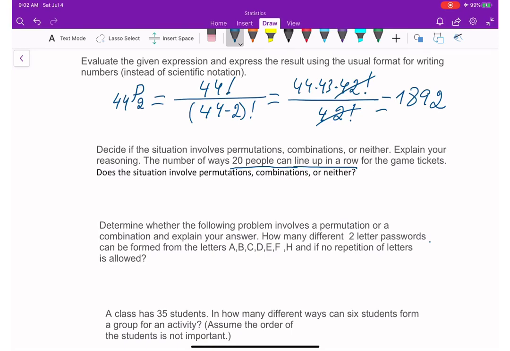No, of course not. You're going to stay in line and wait until your time comes to buy the ticket, right? Therefore, what will be the answer? Is order important? Of course it is important. So what is going to be the answer? Permutation.